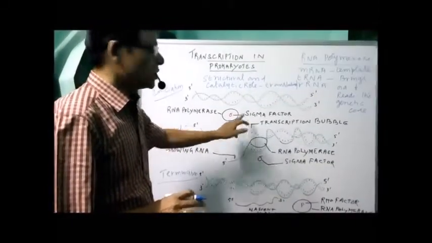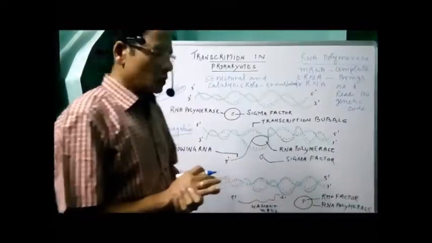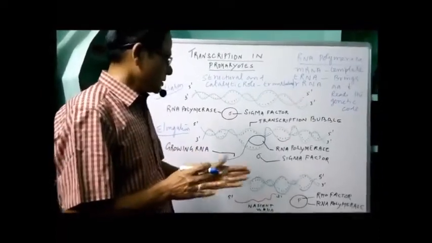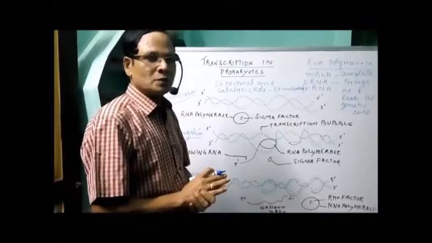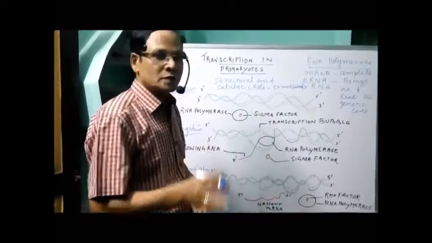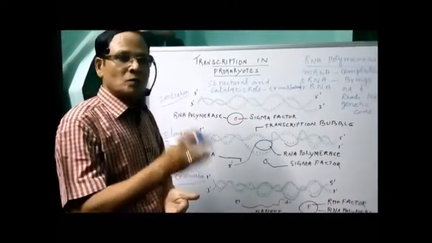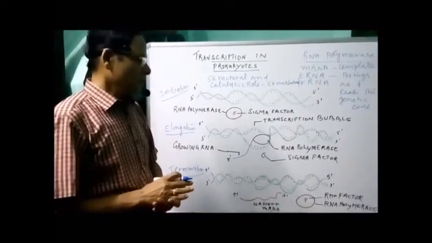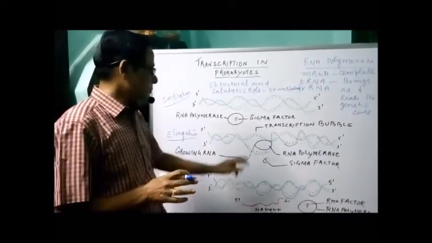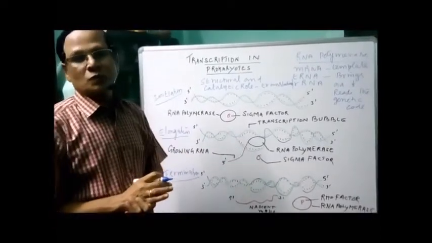So sigma factor is an initiation factor for the initiation of transcription, and rho factor is what is called the termination factor. Once transcription is completed, it causes a termination of transcription, so that the nascent mRNA falls off from the DNA. When it is falling off, the RNA polymerase along with the rho factor is also falling off. That is the end. Normally, I mentioned already, a bubble-like structure is formed while the two strands of DNA separate at the point of origin of transcription.